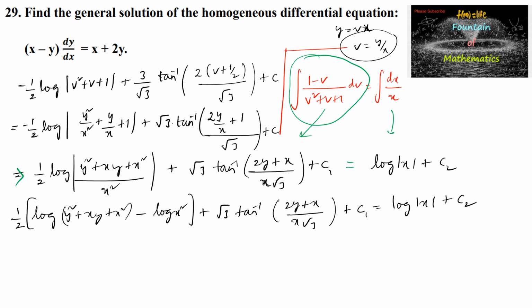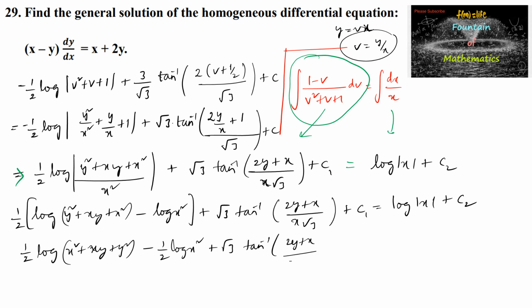Plus c2. Or we can write 1 by 2 log (x square plus xy plus y square) minus 1 by 2 log x square, plus root 3 times tan inverse of (2y plus x) upon x root 3, minus log mod x is equal to some constant.